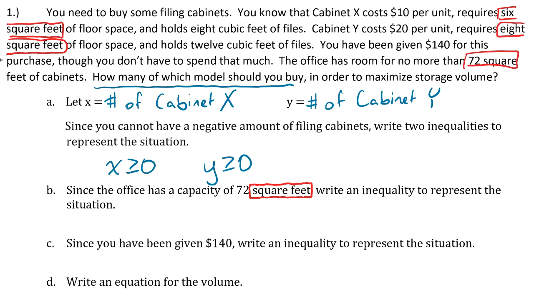So, we know that cabinet X needs the 6 square feet. So 6 times the number of cabinet X, which is just X, plus cabinet Y requires 8 square feet, so 8 times cabinet Y, which is just Y. And that has to be less than or equal to 72 square feet.